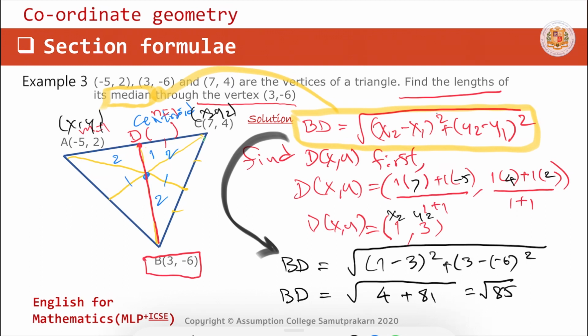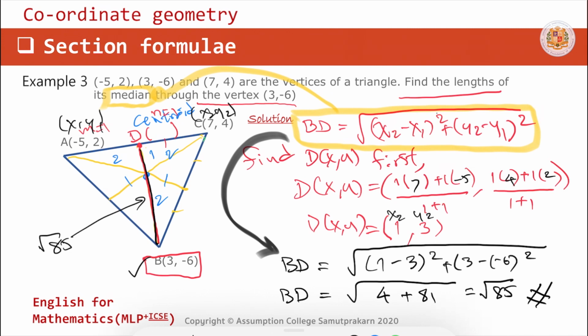So that answers the question. The median of the triangle through the vertex (3, -6) to this one, the length of this line here, is equal to the square root of 85. That's what we do here.